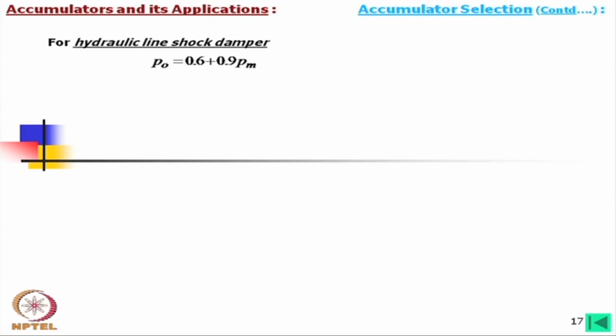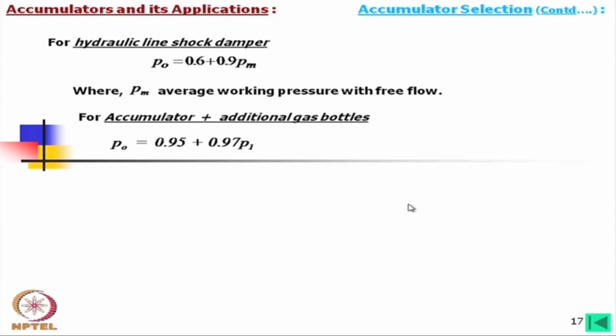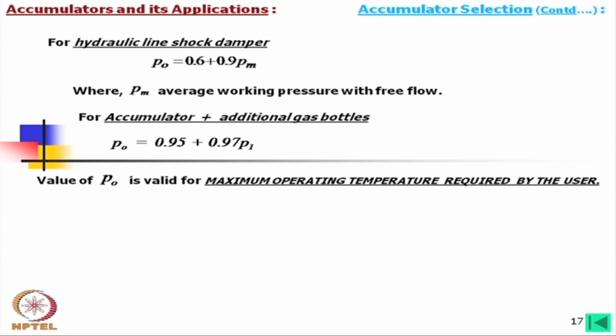Again it is unit sensitive, so we have to look into this. Where Pm is the average working pressure with free flow, the same, but these two relations are different for two applications. For accumulator plus additional gas bottles, it is 0.95 to 0.97 P1, where P0 is valid for the maximum operating temperature required by the user.